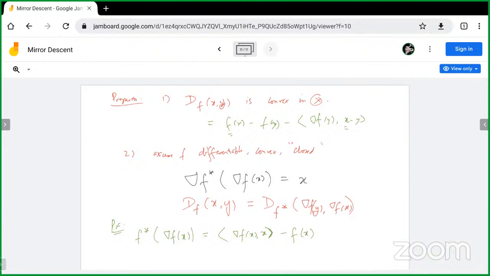And also you get f star at the gradient of y, the same thing. And finally, the gradient of this I already wrote. And you also have this. Now again combine all this.